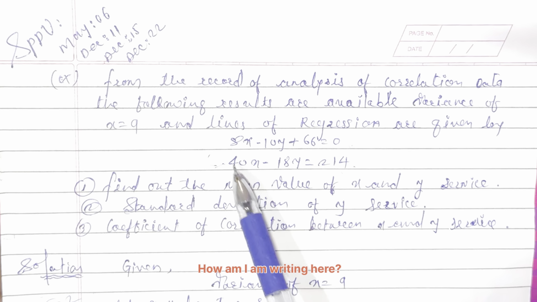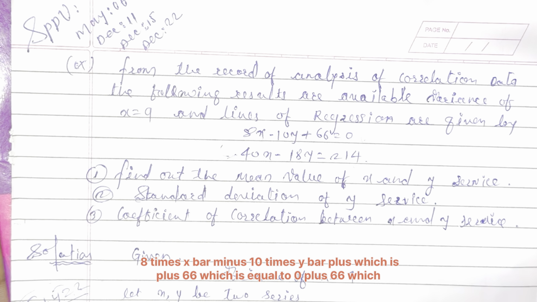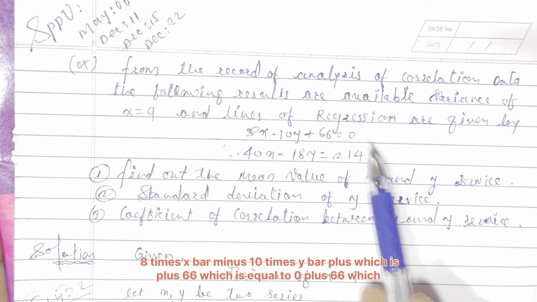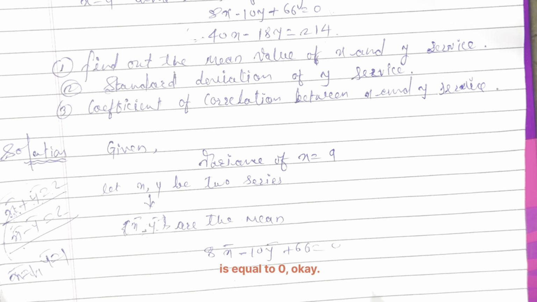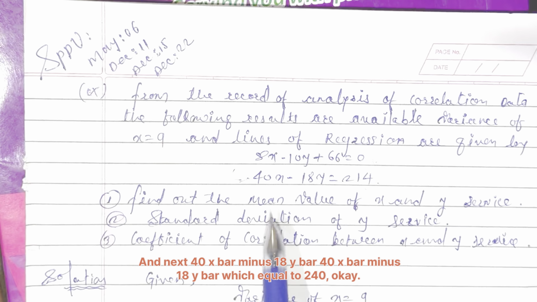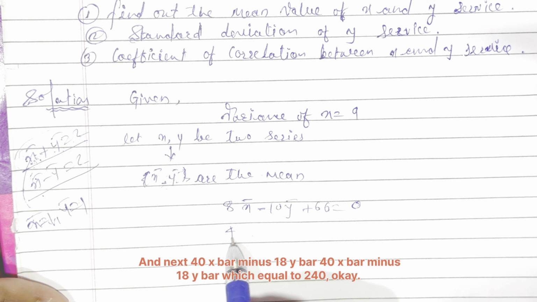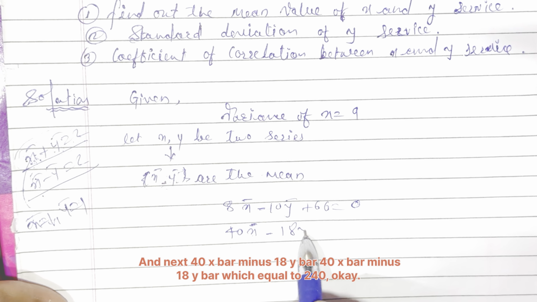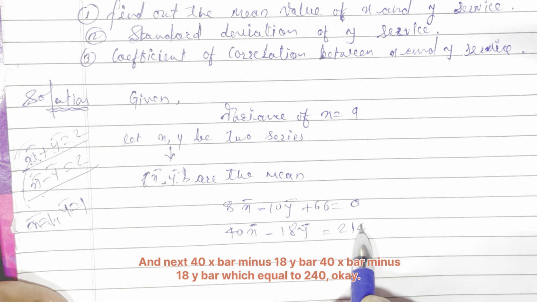I am writing here 8 times x bar minus 10 times y bar plus 66 is equal to 0, and next 40 x bar minus 18 y bar is equal to 214.